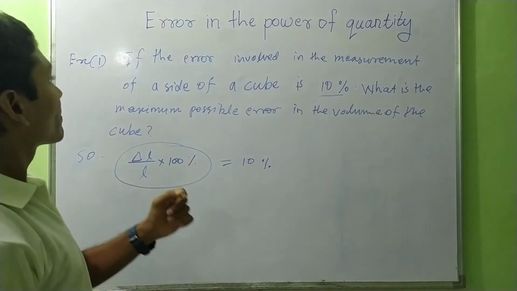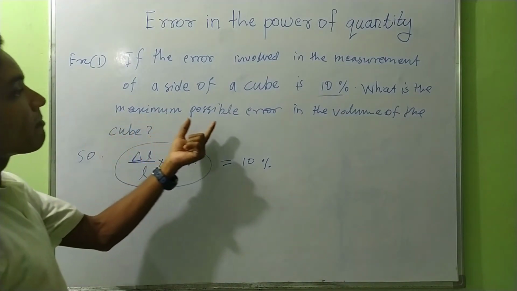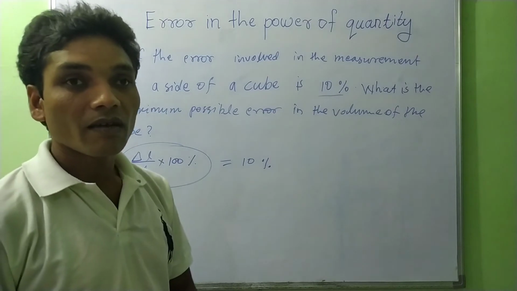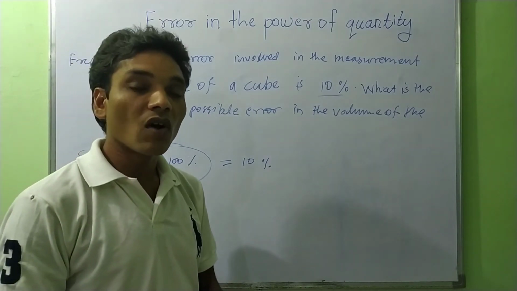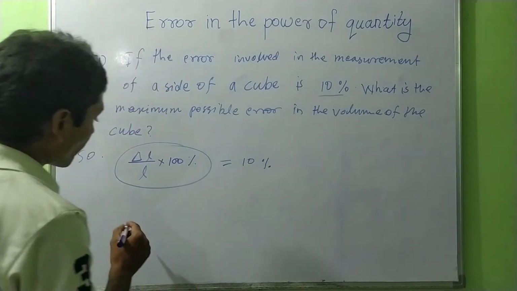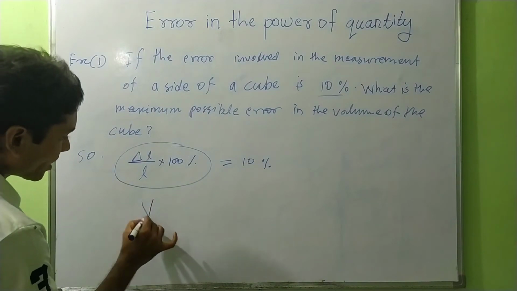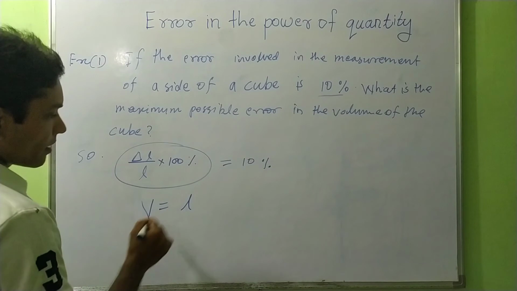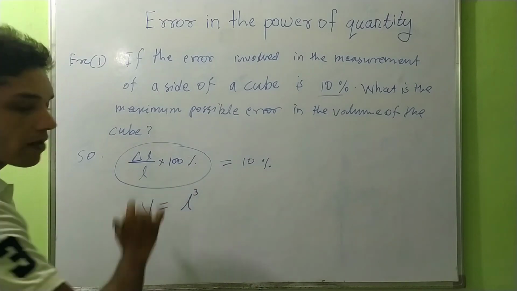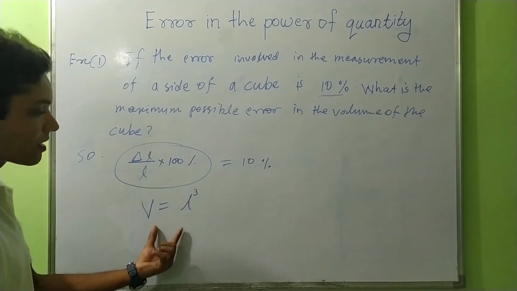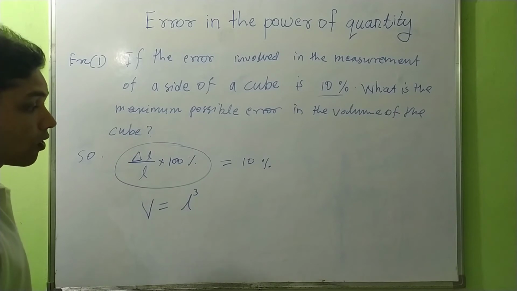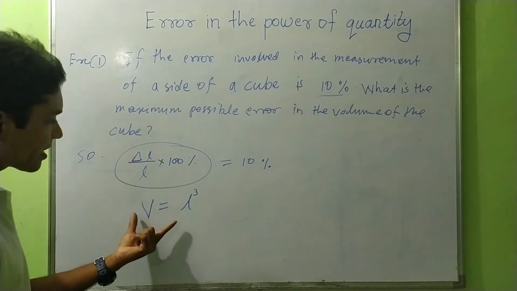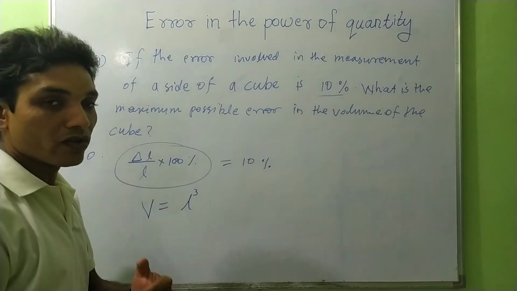We have to calculate the maximum possible error in the volume. So what is the formula of the volume of a cube? The volume of a cube is denoted by V, and it is equal to the cube of the side. Now what will be the formula of percentage error for the volume?